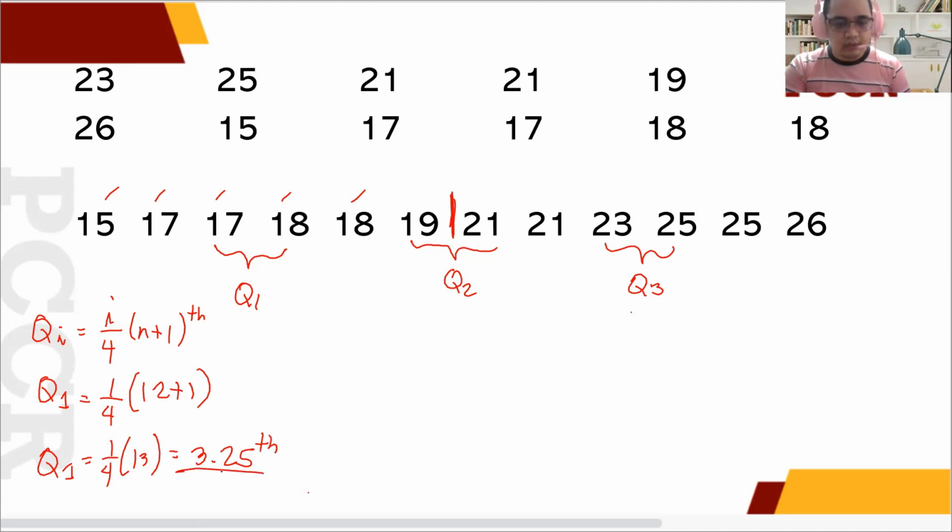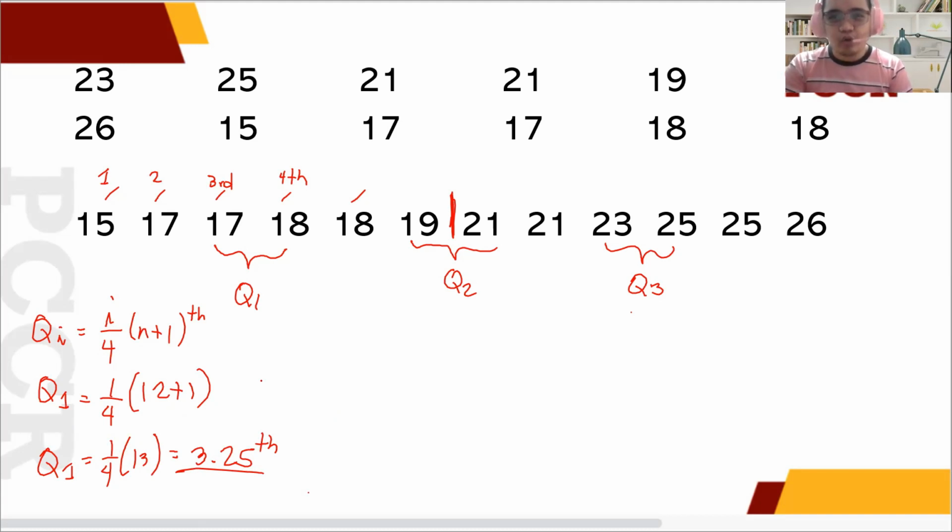Then, note that yung 3.25 ay position yan. Ngayon, kung ituturing niya yung position, 17, ito yung third. Di ba? Kasi ito yung first, second, third, ito yung fourth. Yung 3.25, somewhere doon sa 17 and 18, which is the third and the fourth.